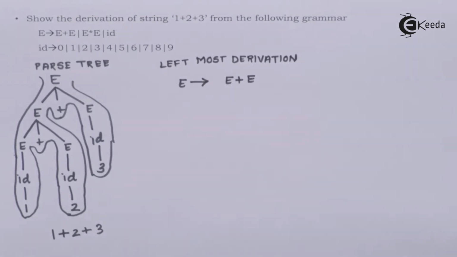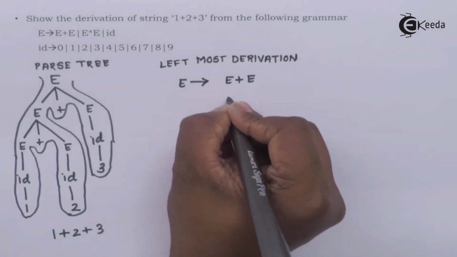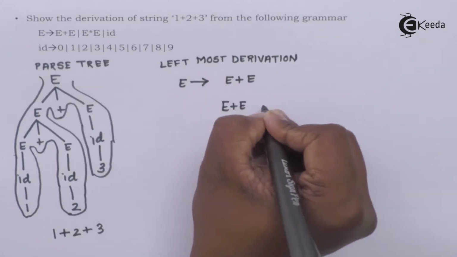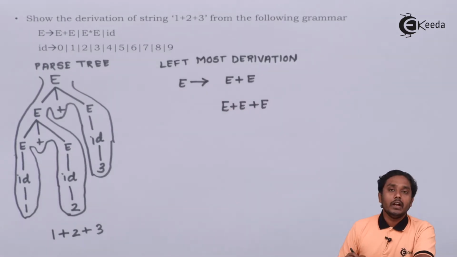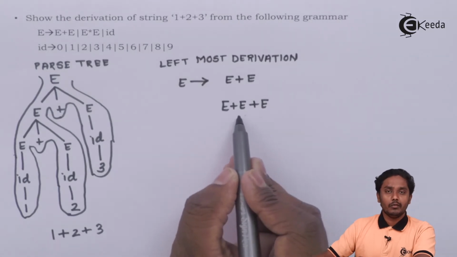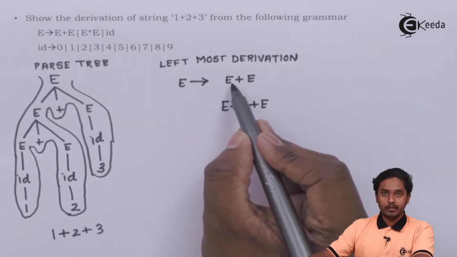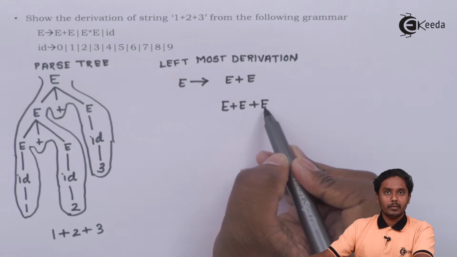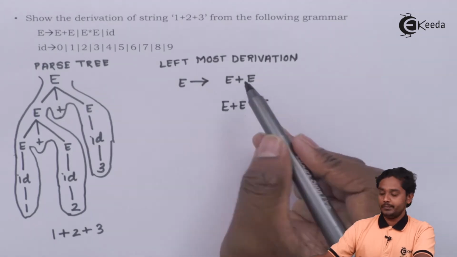We have produced plus one time, we need one more plus, so the leftmost E will be replaced with one more E plus E. Note that over here, this E plus E is producing the first E from here, and this E is a replication of the E over here.